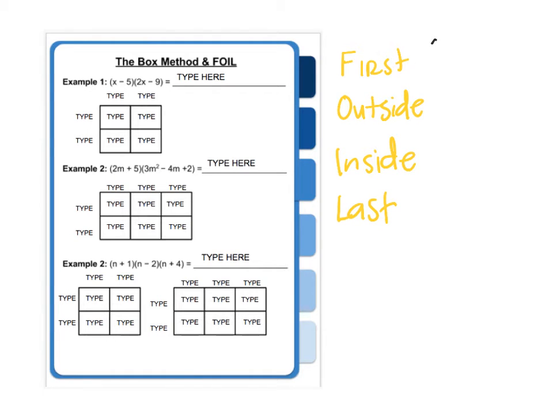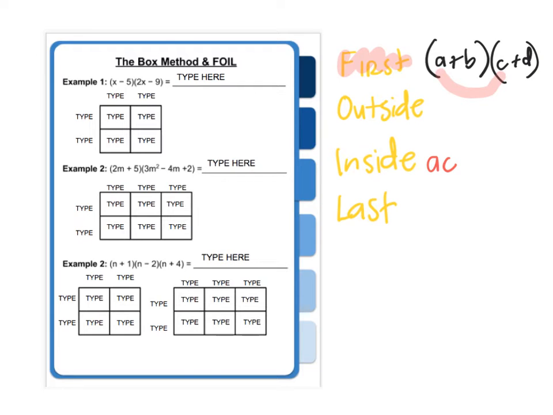FOIL you can only use if you have two things multiplied together that have two parts. So maybe you have A plus B times C plus D. For first, you would do A times C and get AC.